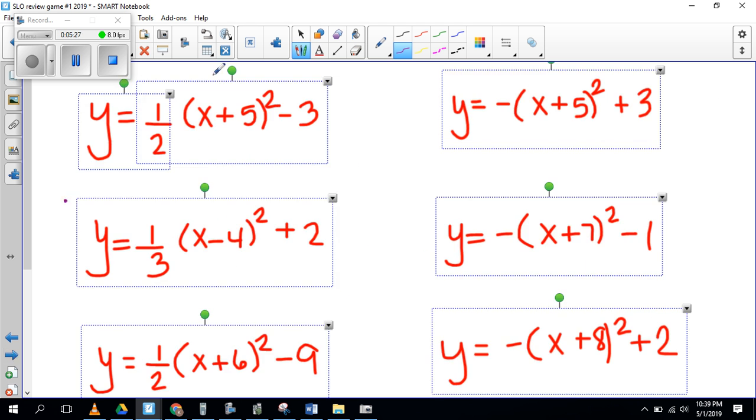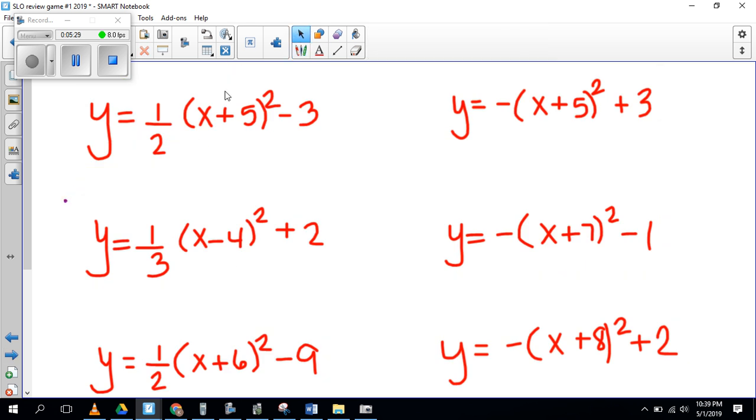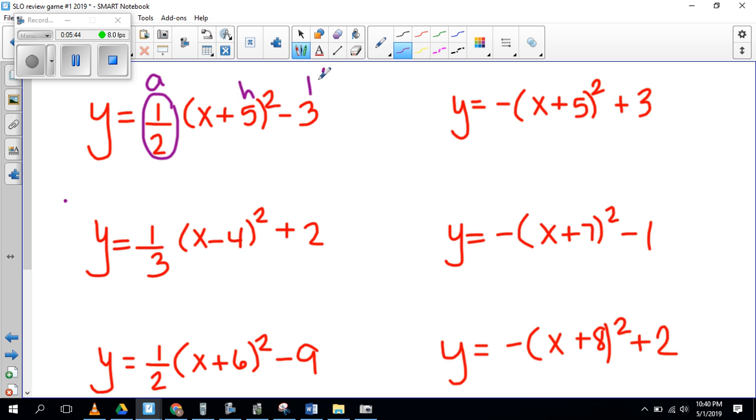So I want to try these here. Okay. So here we have a fraction in front. So I'm just going to identify my A, H, and K. Let's always do that. So if A is a fraction, it's always going to shrink, sorry. And I don't think I said that before.